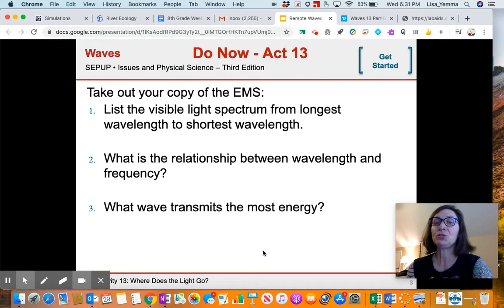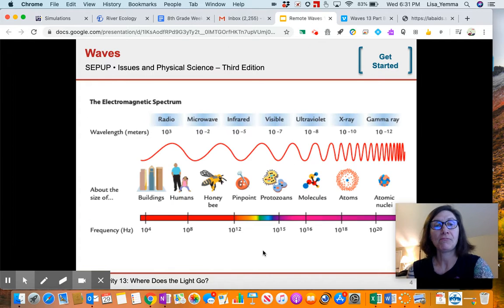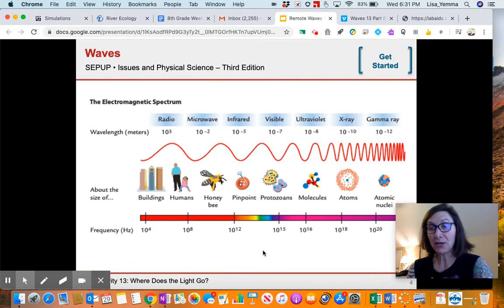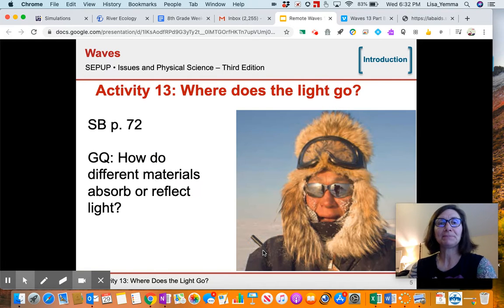What is the relationship between wavelength and frequency? Which wave transmits the most energy? And also think about possibly why. What do we know about the relationship between the characteristics of waves and how energy is transmitted?